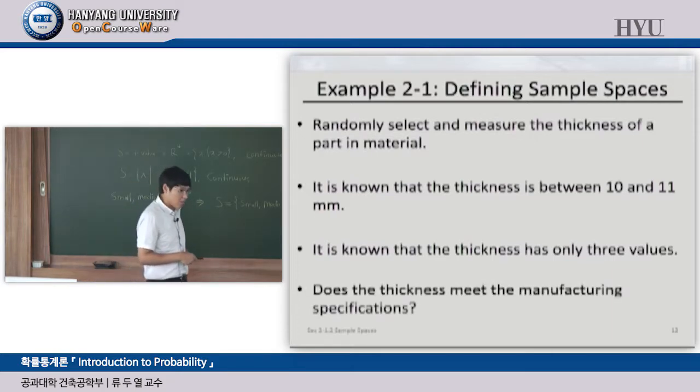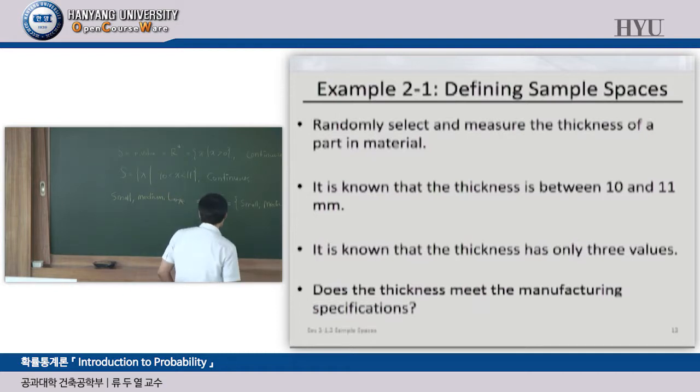And this is the final question. Thickness with the manufacturing specifications. We have two answers, yes or no, right? Yes indicates the thickness does meet the manufacturing specifications. And no indicates the thickness does not meet the manufacturing specifications, right?